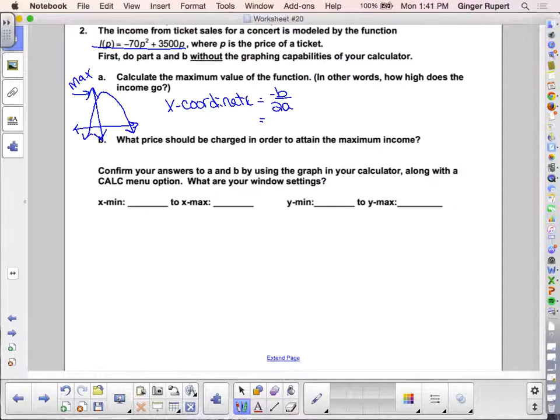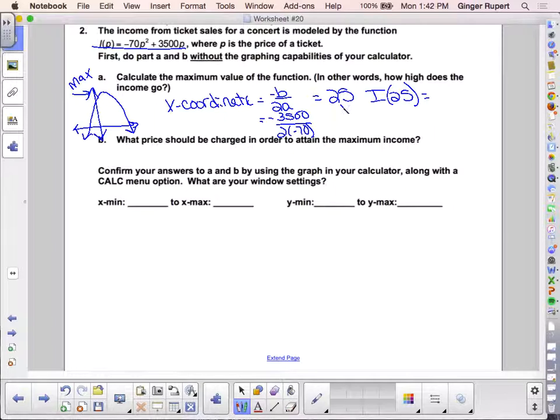So that will be minus 3,500 over 2 times negative 70. That's going to give me an x coordinate, or a price per ticket, of $25.